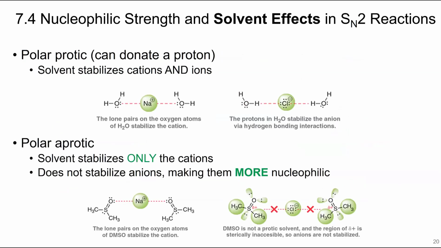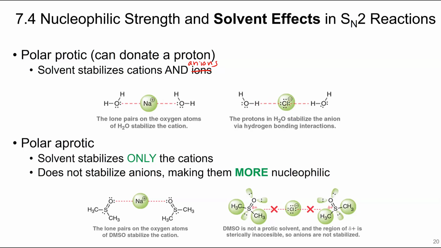So again, a polar protic solvent can donate a proton, and that can stabilize cations and anions. If you had sodium and chloride ions floating around, the polar protic solvent can support both of them. So the lone pairs on the oxygen are stabilized by the sodium cation. The hydrogens are supported by the chloride ions.